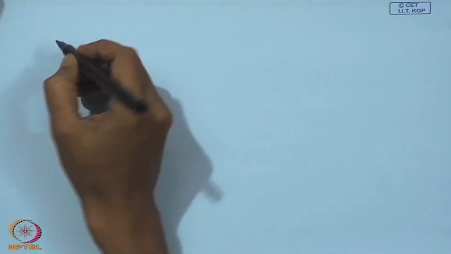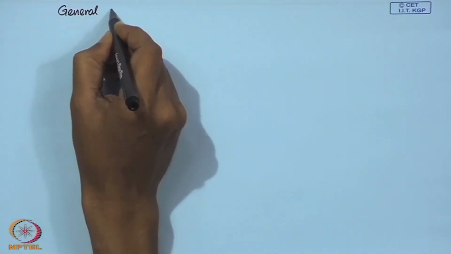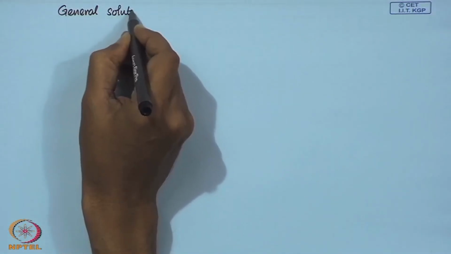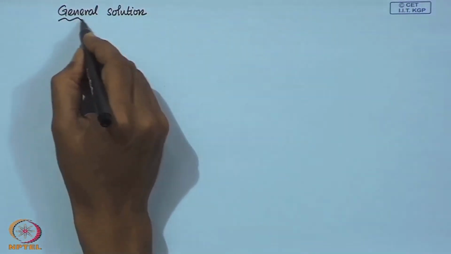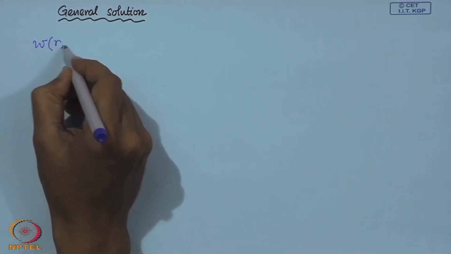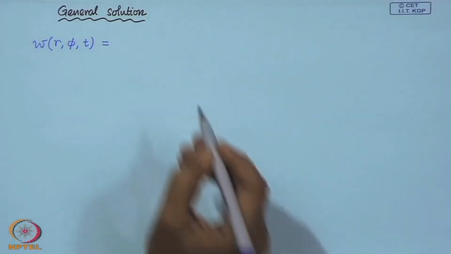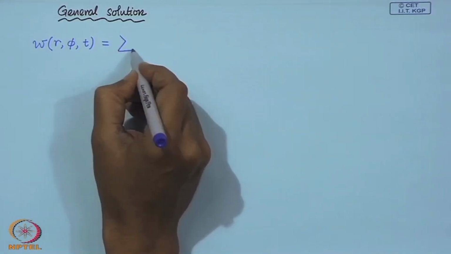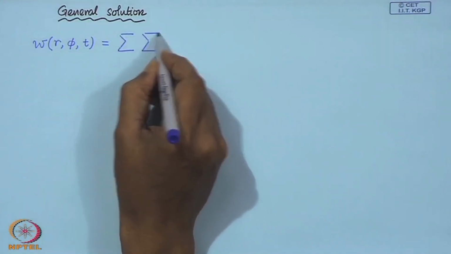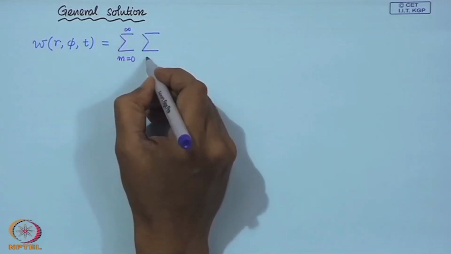Now, let us write down the general solution then. So, the general solution for the circular membrane may be written like this.